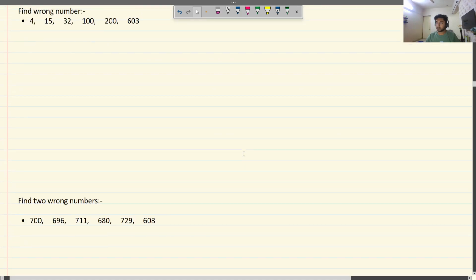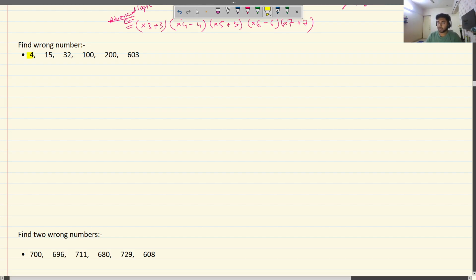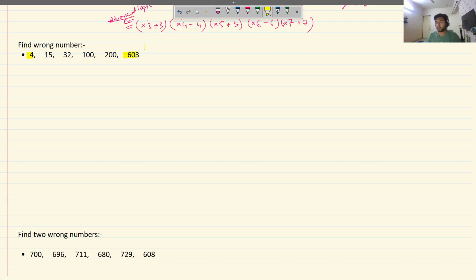Let's go to the next question. Find the wrong number in the given series. So again, starting with a small number 4 going up till 600, each must be containing some sort of multiplication, square or cube, and they can be in either the consecutive difference or in the number itself.